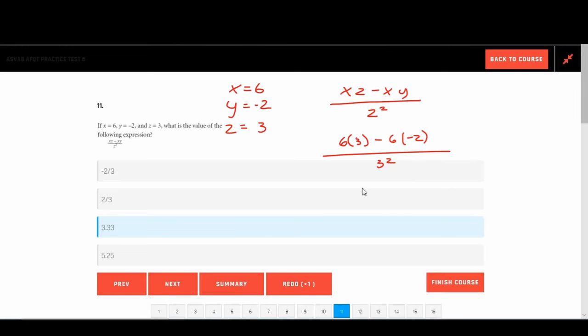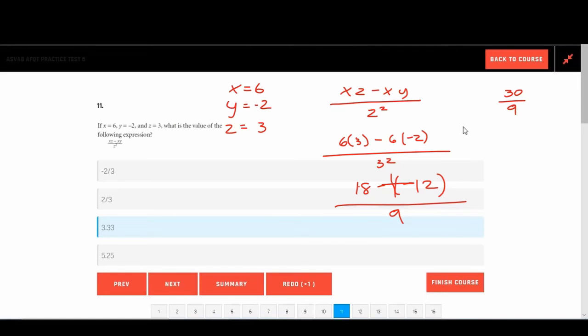6 times 3 is 18 minus 6 times -2 is -12 all over 3 squared, which is 9. In this case, we have minus minus, which we can't do. This has to become positive. Minus minus becomes positive. 18 plus 12 is going to be 30 all over 9.